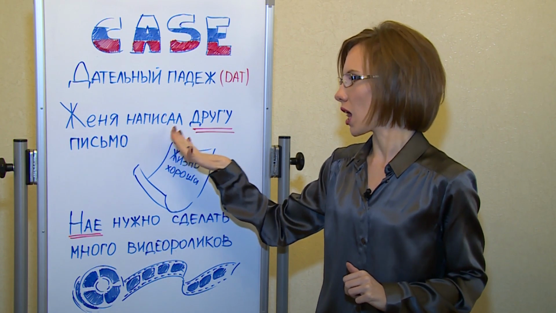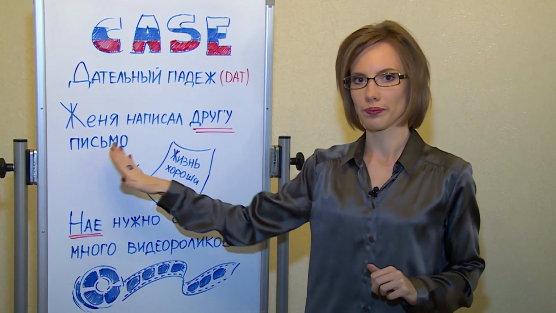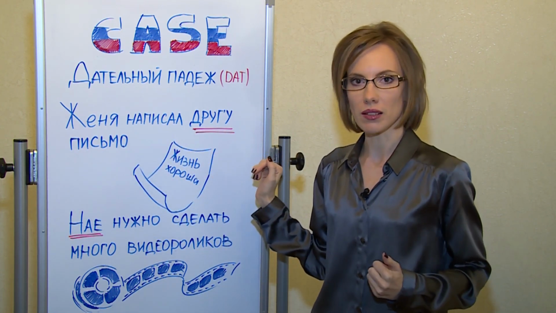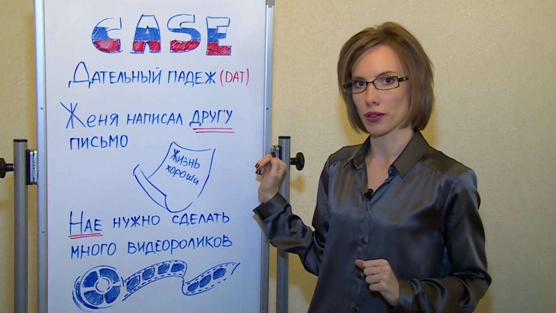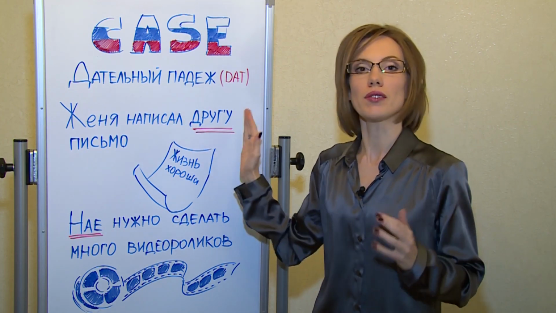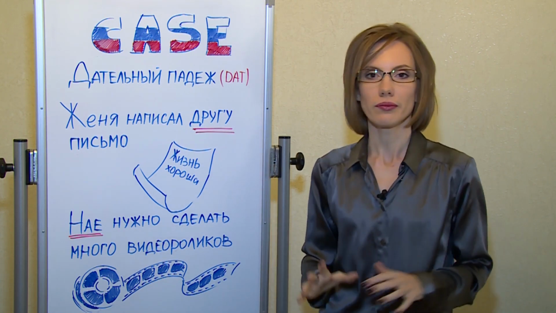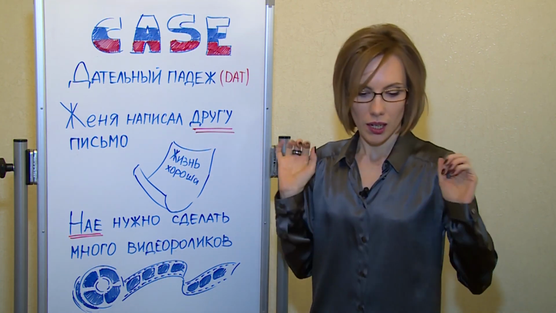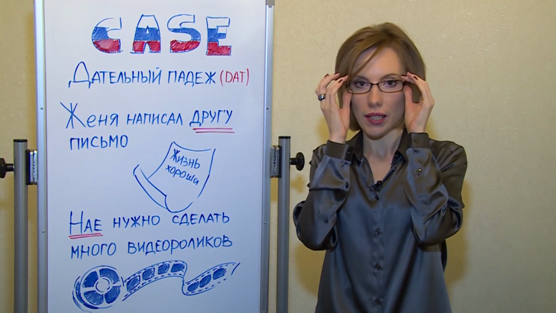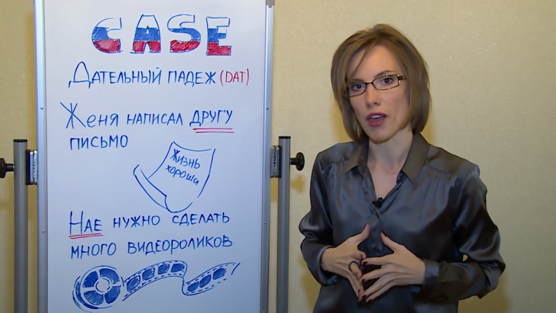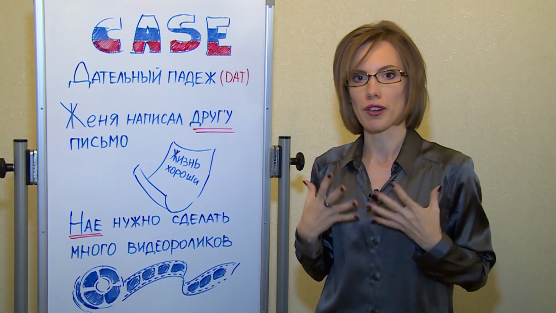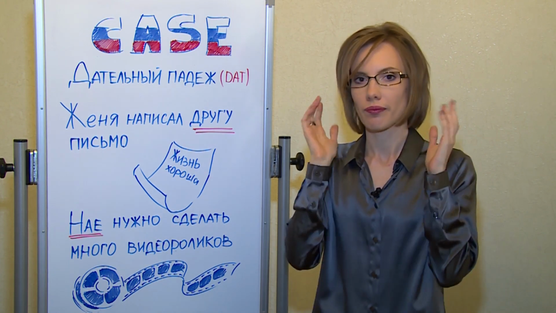Женя написал другу письмо. The word friend is the indirect object. Другу takes the dative case. So, when the subject is the goal of the action, we use the dative case.